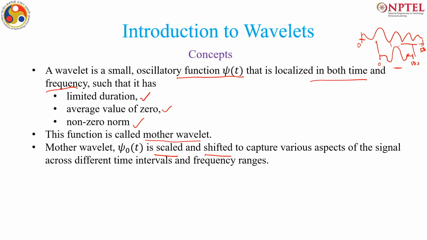So analyzing with wavelets means I have a waveform called a wavelet, psi of t, and I will shrink or dilate it, and then translate these shrunk or dilated versions to analyze the original signal x of t.